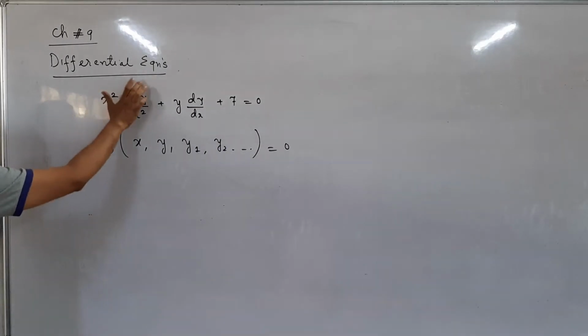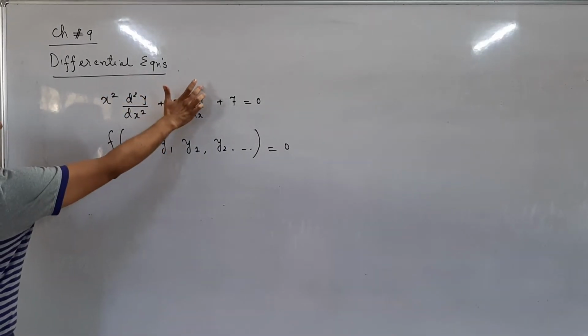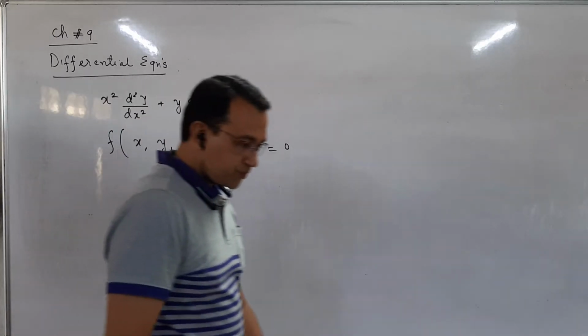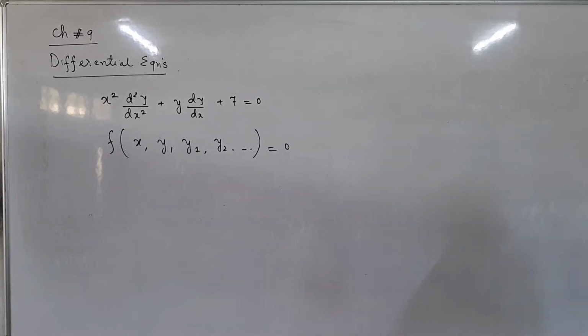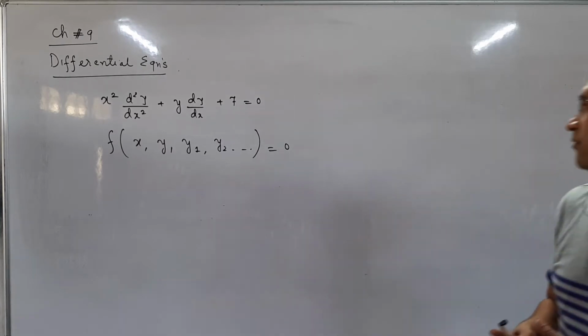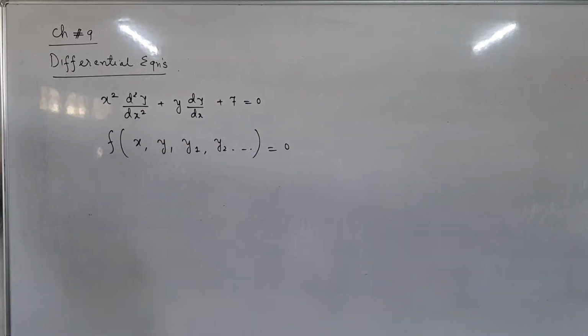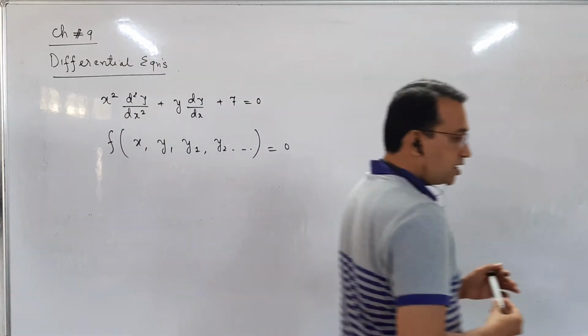Example I have written: x square y2 plus y into y1 plus 7 is equal to 0. The functional representation of a differential equation is f(x, y, y1, y2 up to yn). This is the functional representation of a differential equation.